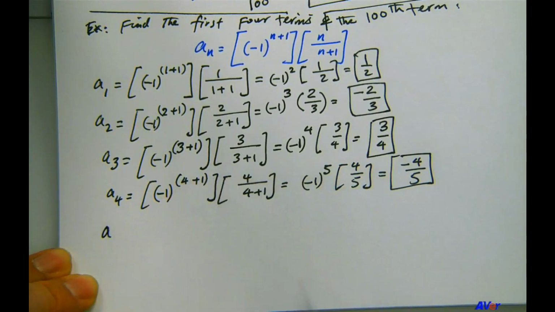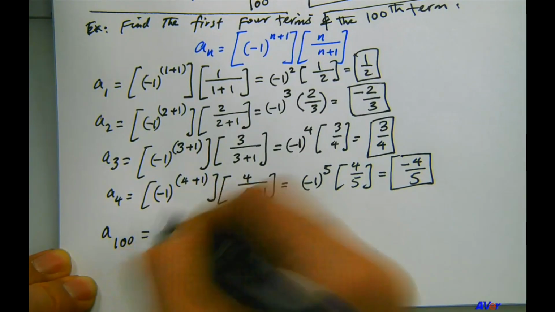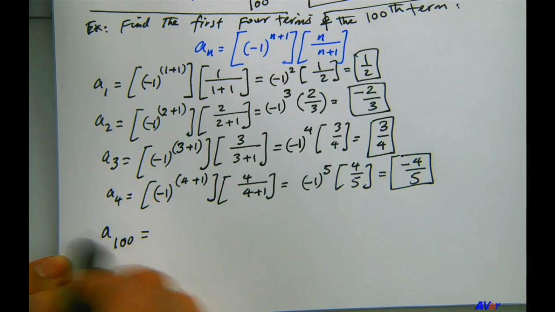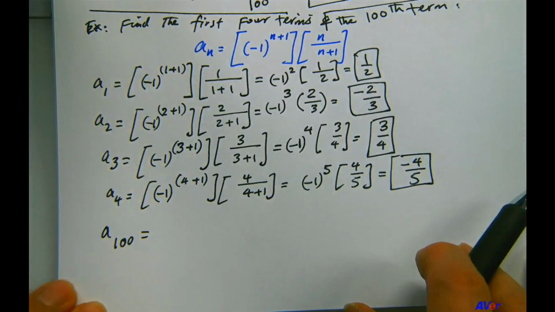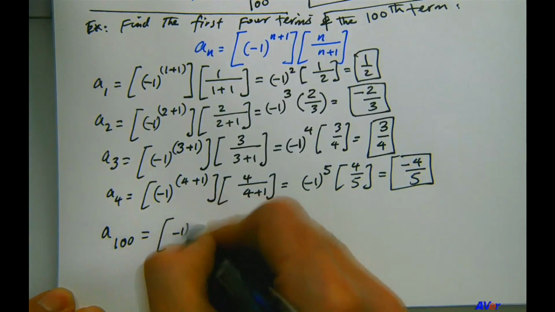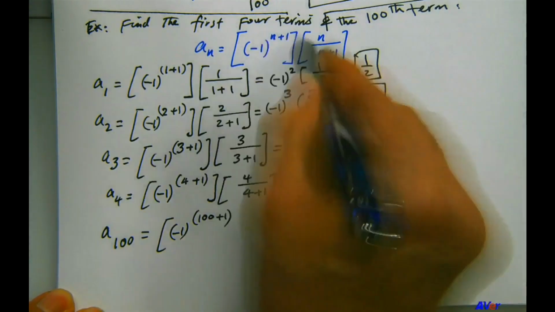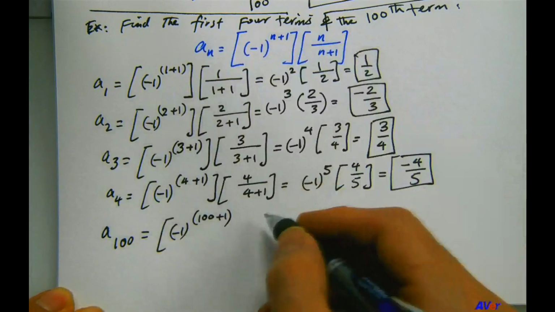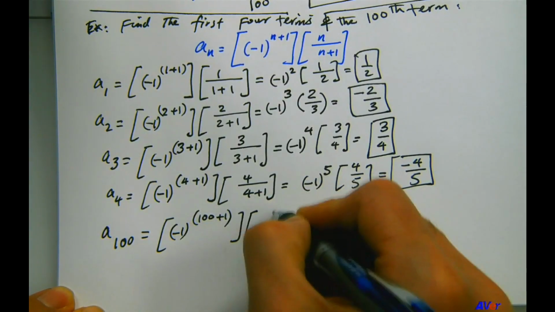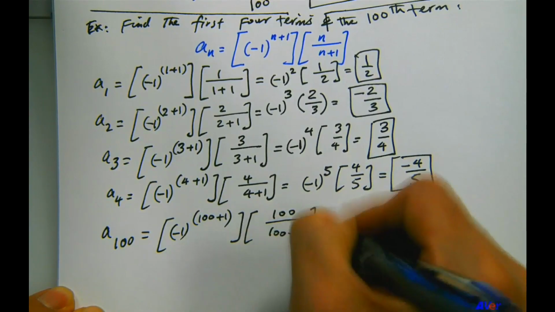Now, the 100th term, A100. We're looking for the number that appears in the 100th place in this sequence. So, once again, negative 1 to the 100 plus 1, replacing n with 100 in this formula, times 100 over 100 plus 1.